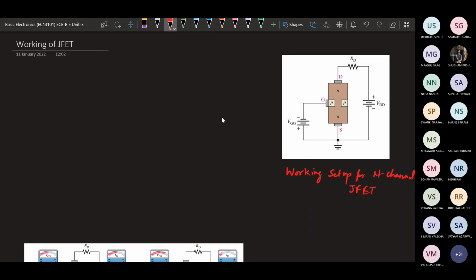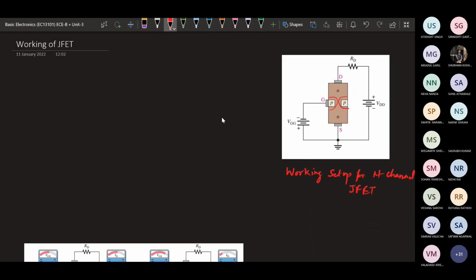If we increase the negative gate voltage, there will be more reverse bias, so the depletion region will increase on this side and this side. That means less channel is available for conduction, so the number of charge carriers flowing will be reduced. That defines the current flow.